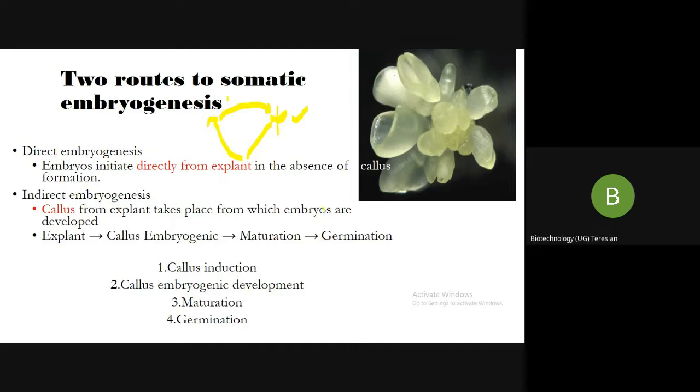So if I take the explant from this plant which has unique characteristics, I develop callus, adding all the media and all the required ambient conditions.